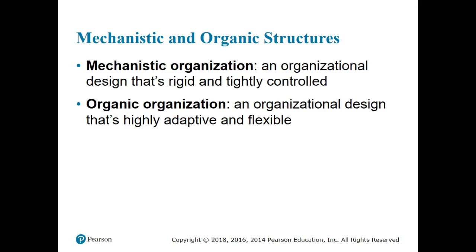Now, the organic organization, on the other hand, is a highly adaptive form that is loose and flexible in comparison to the mechanistic organization, which is rigid and stable. Rather than having standardized jobs and regulations, the organic organization's loose structure allows it to change rapidly as required. It has a division of labor, but the jobs people do are not standardized.